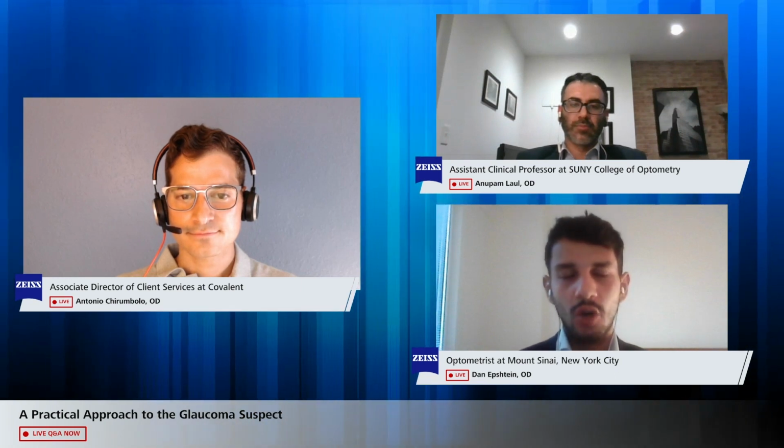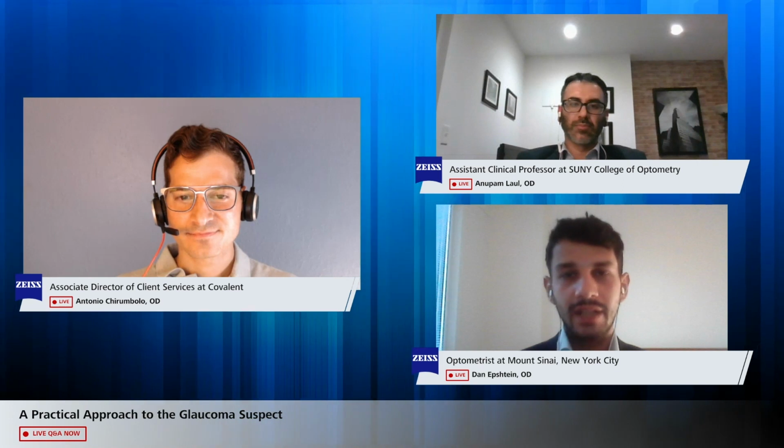The reason why it's asymmetric is because a lot of our data on macular glaucoma defects from Don Hood and his laboratory shows us that the defects on both the RNFL thinning and the visual field are going to be asymmetric just because the retina is wired that way. So we know the fovea doesn't sit right at the center of the optic nerve. It sits sort of on the bottom edge of it. So due to that asymmetry, our defects are going to be asymmetric. So that's why they chose that specific pattern.